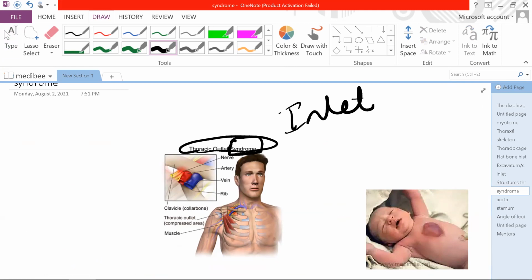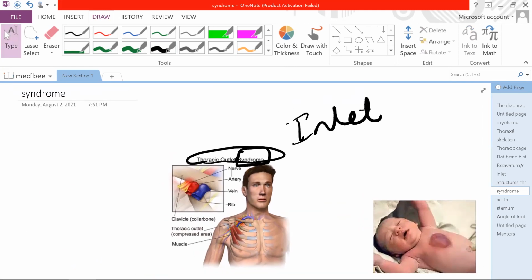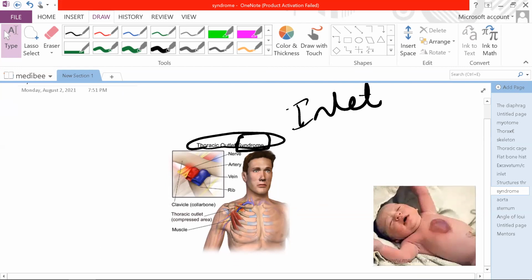Whatever I am saying, the vessels of the thorax enter the thorax from the head and neck through the thoracic inlet. At the time of entering, if some other structures compress this structure, it may be a hypertrophied scalene muscle, which is why it is named scalene syndrome, or it may be a cervical rib, which is why it is known as the cervical rib syndrome, or it is simply given the name thoracic inlet syndrome.